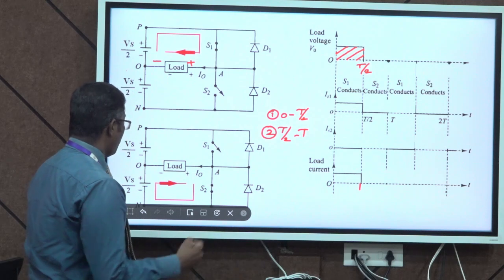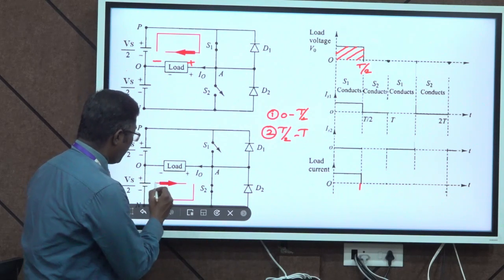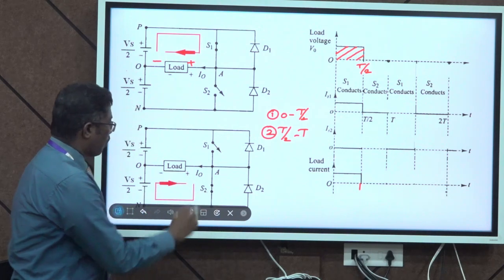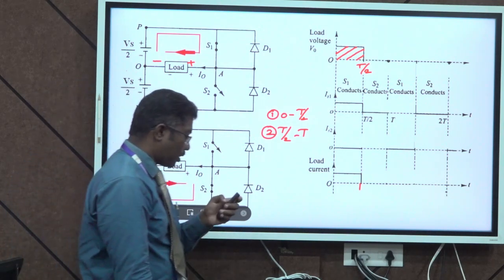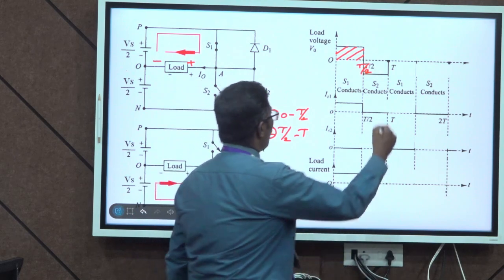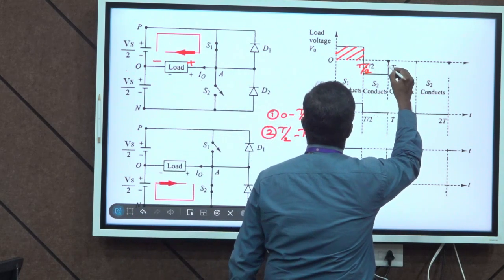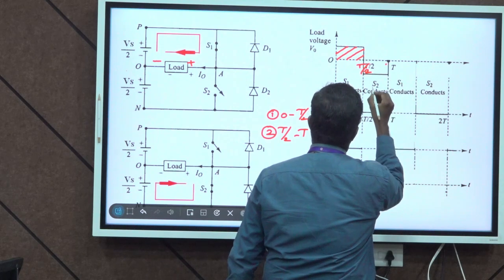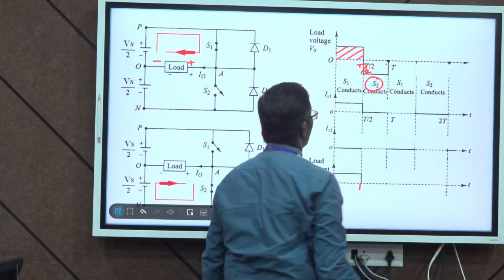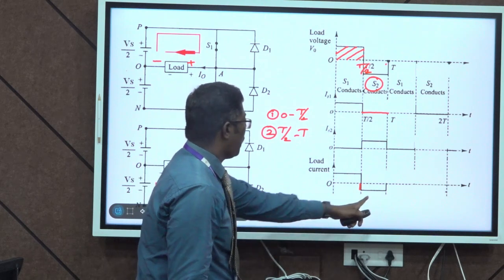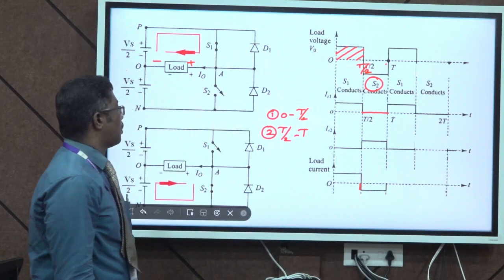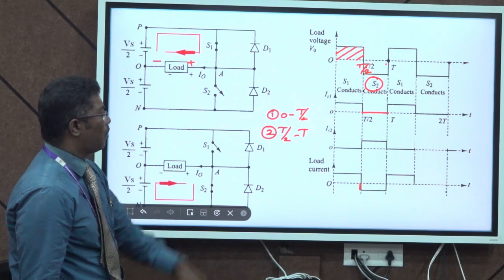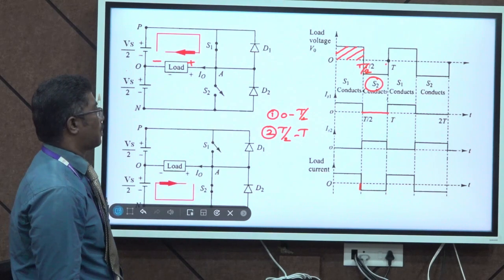So, the current flows from the load to the switch, and during this period the voltage we get will be negative. In this duration T by 2 to T, the switch S2 will conduct, and the load current will be negative. So, the above cycle continuously repeats for the single phase half bridge inverter.